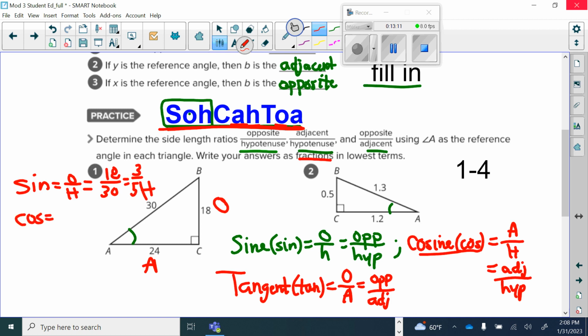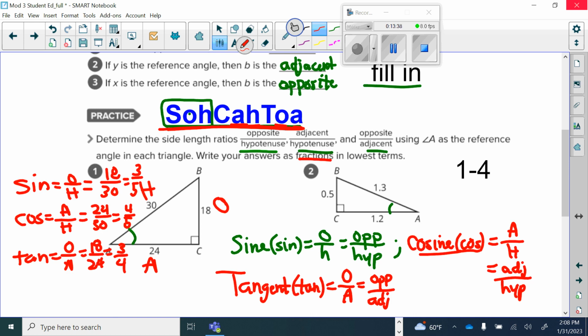Cosine equals adjacent over hypotenuse. The next one they ask is 24 over 30. GCF is 6, so you get 4/5. And the tangent is opposite over adjacent, which is 18 over 24. GCF is 6, and you get 3/4. Okay, so those would be our answers for the first one.